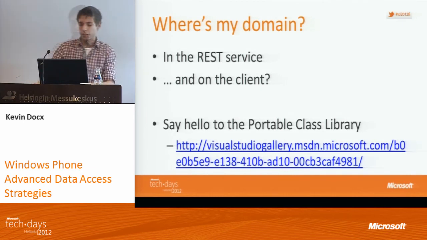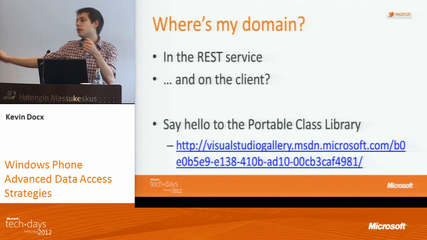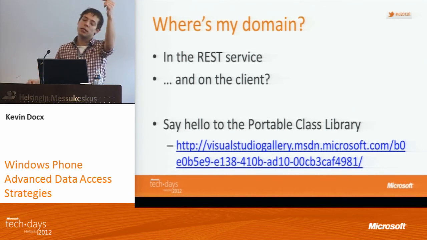It's actually pretty nice stuff. I'm not going to demo this because I'm going to run out of time otherwise, but it will be in my completed solution, which I will put on my blog and will be available through the TechDays site. It enables you to create an assembly which contains your DTOs, and I can simply reference that on my service host on the server side, my REST service host, and on the client side.